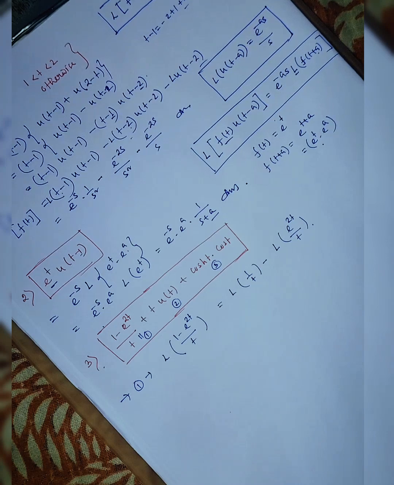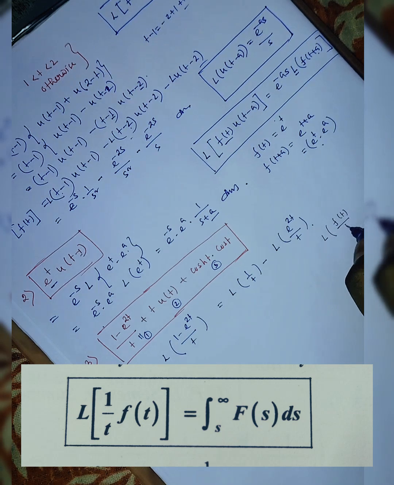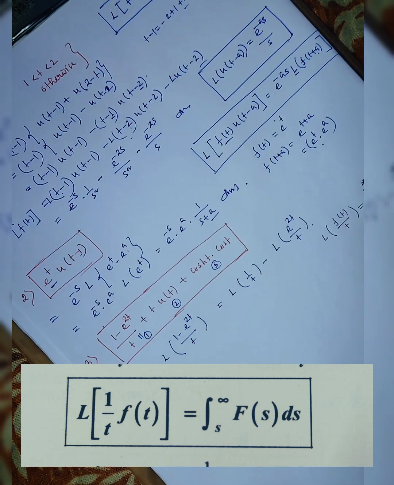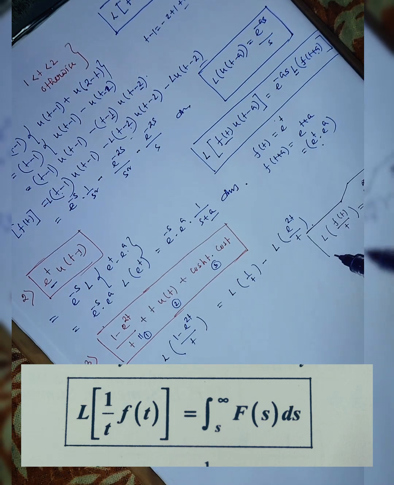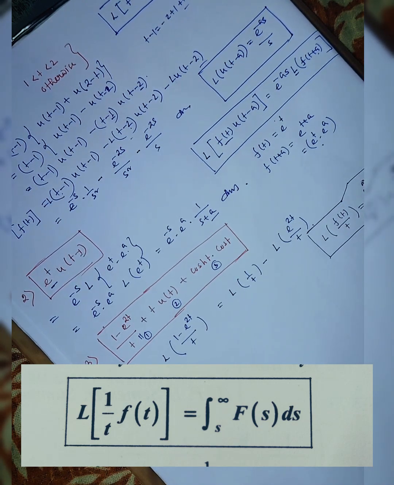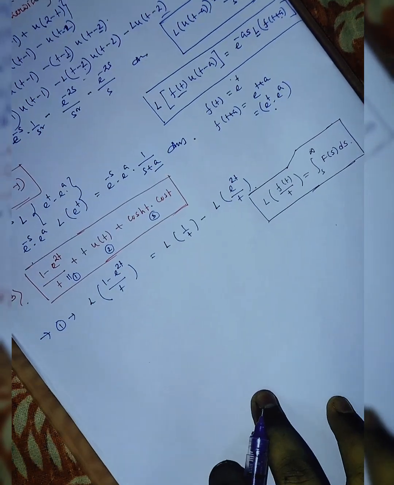So here a formula will be used: L of f of t by t equals integral from s to infinity of f of s ds. You need to keep this formula in your mind so that you can solve this problem. So I will use this.